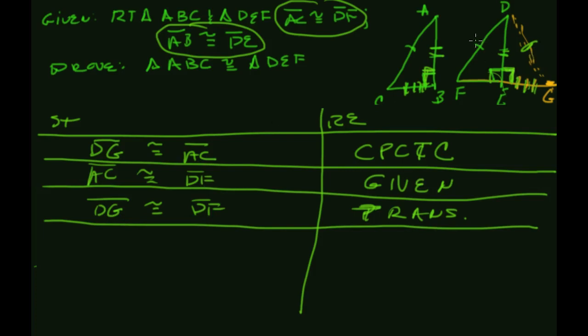Now DG and DF, that means that angle F has to be congruent to angle G. Why? Because this is an isosceles triangle, which means that's congruent to that. So that is the isosceles triangle theorem. That's why we needed that theorem from before.